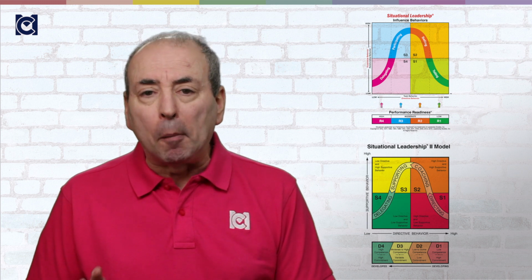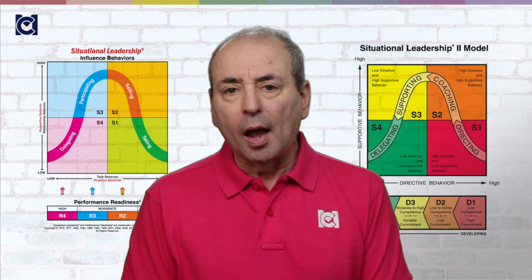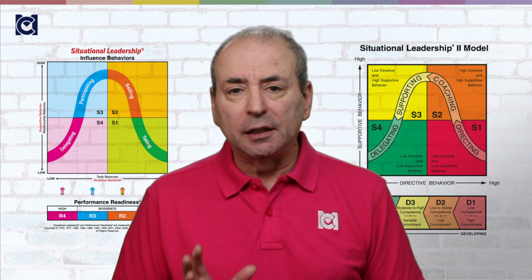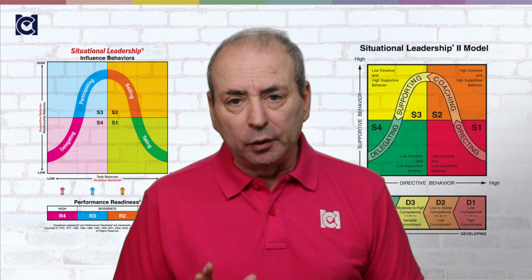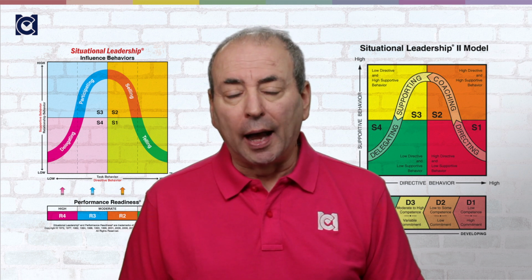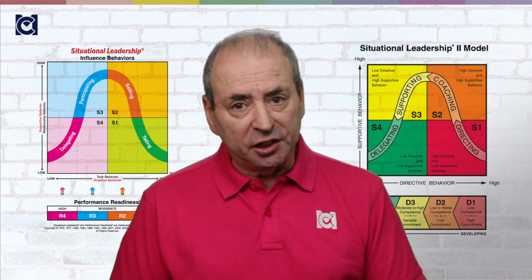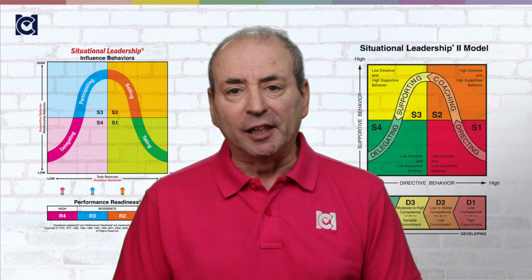There was just an appropriate leadership style for a situation. Both the Hersey and Blanchard models, situational leadership and SL2, are both highly successful and important contributions to our understanding of contingency models and situational leadership.